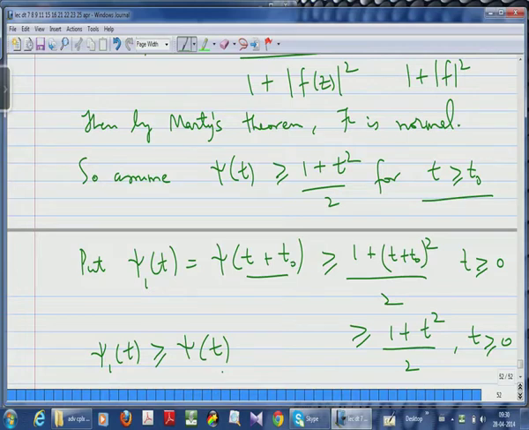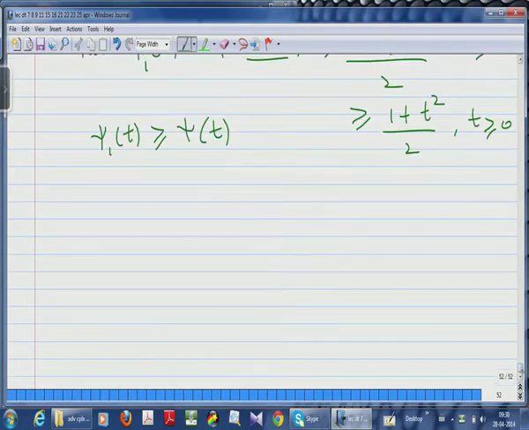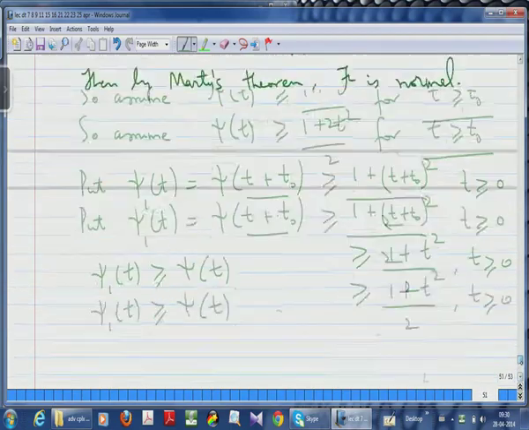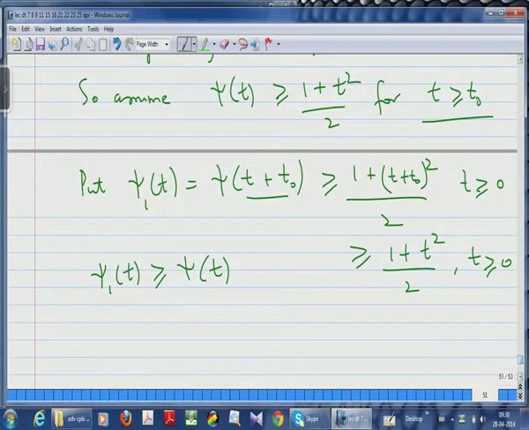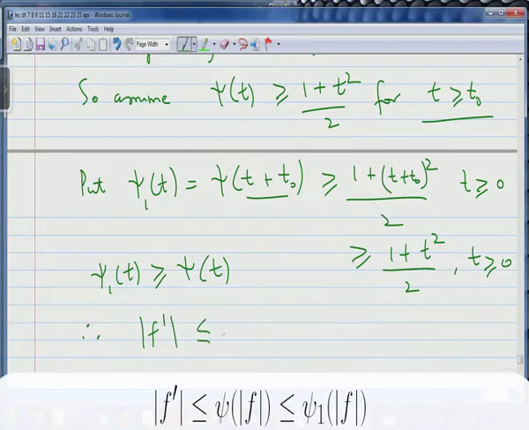Okay, and this is of course because psi is increasing. Okay, and therefore what will happen is that you would have mod f dash less than or equal to psi of t, which is less than or equal to psi 1 of t.